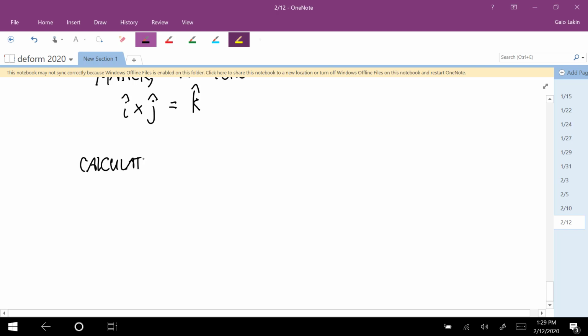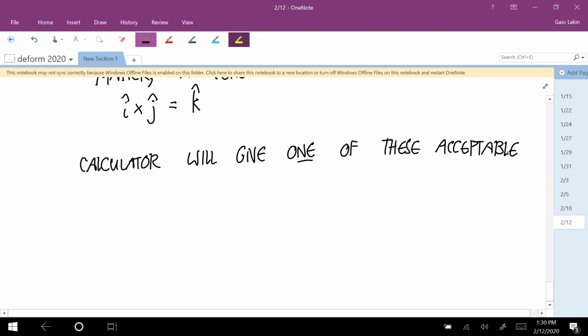So your calculator will give one of these acceptable permutations. They will give the eigenvalue order that matches the eigenvector order. So if you do those two commands, the first eigenvalue it gives you will be linked to the first eigenvector it gives you, the second one to the second, and so on.